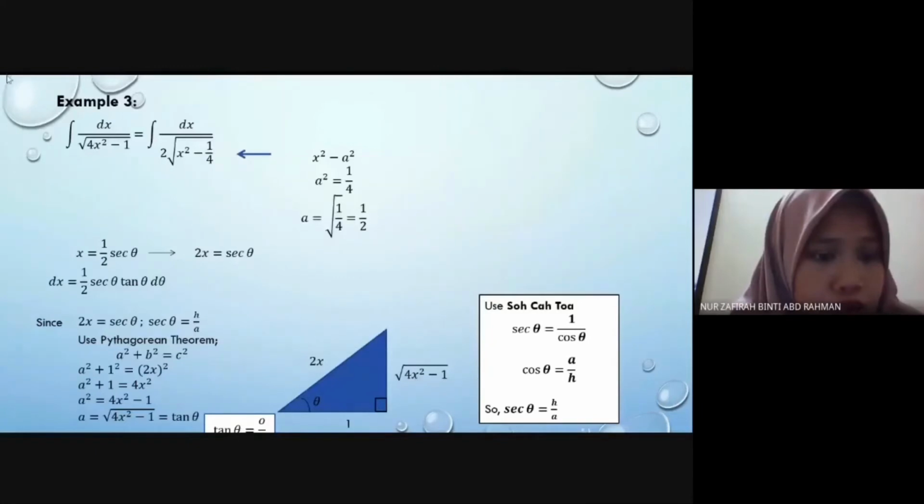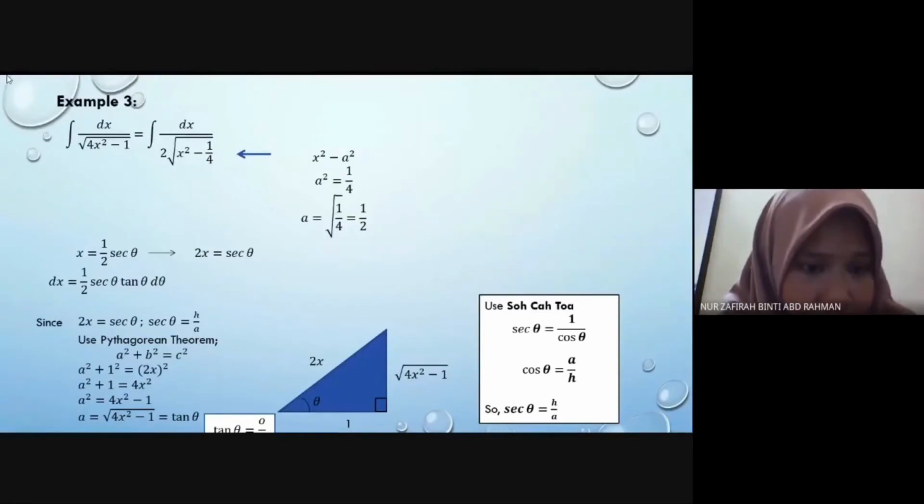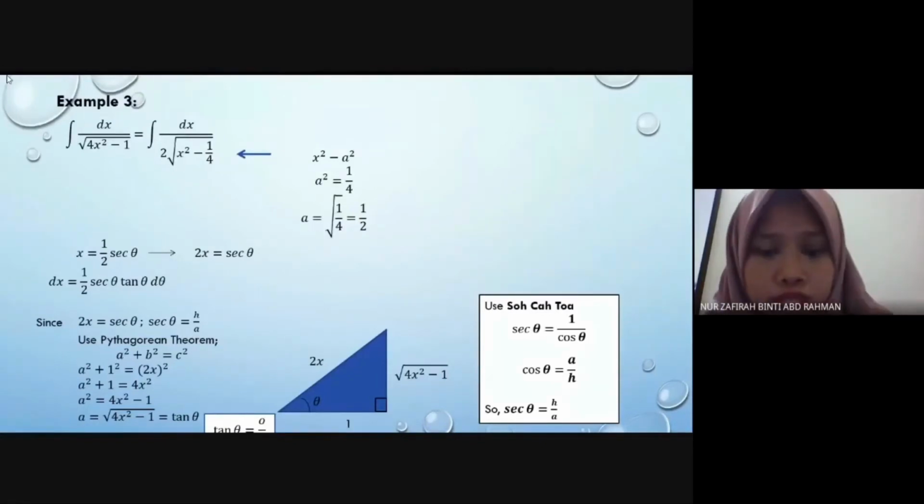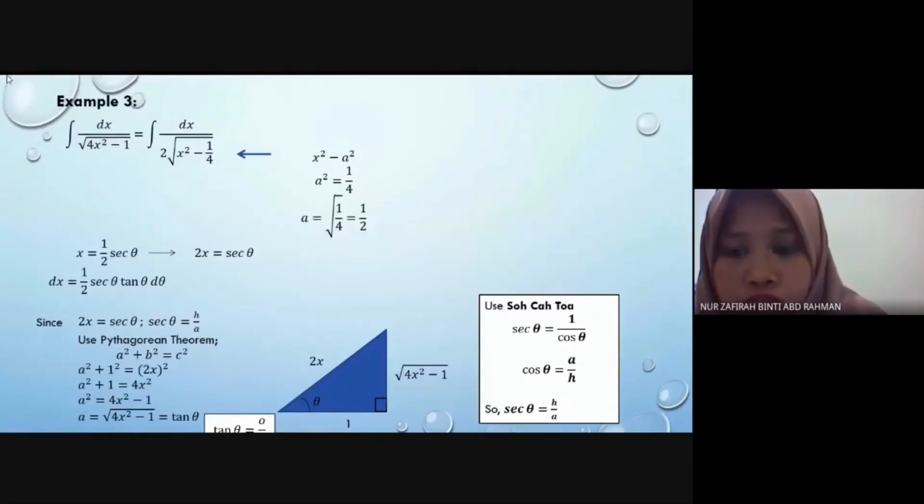Since 2x equal to secant theta, we know that we have to use the reference triangle. For the reference triangle, we have to use SOH-CAH-TOA. Secant theta is equal to 1 over cos theta.